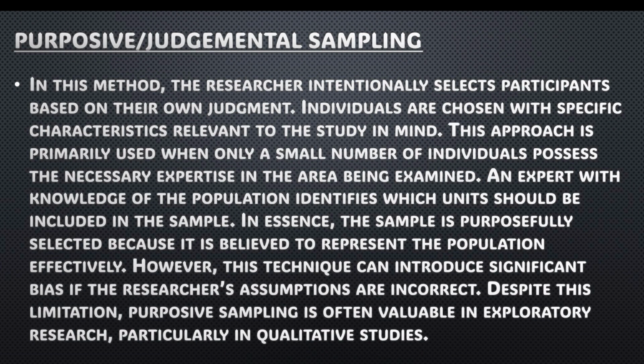Purposive or judgmental sampling. In this method, the researcher intentionally selects the participants for the study based on his own judgment. This study can be done when there is only a small number of people who have the expertise in the area which is being researched.